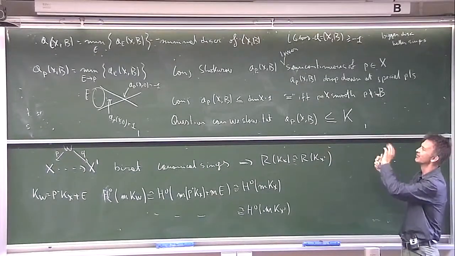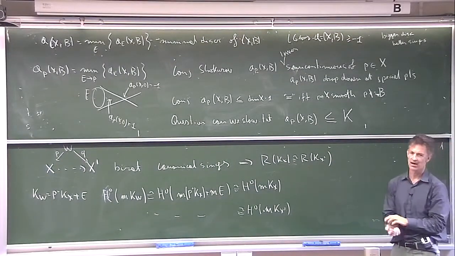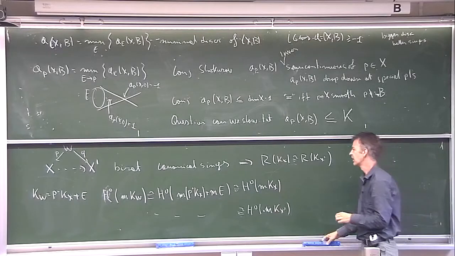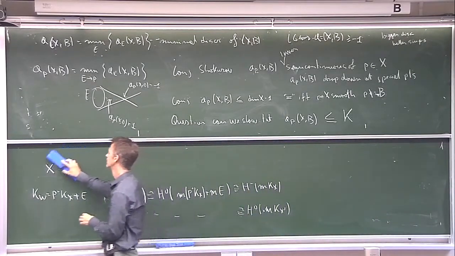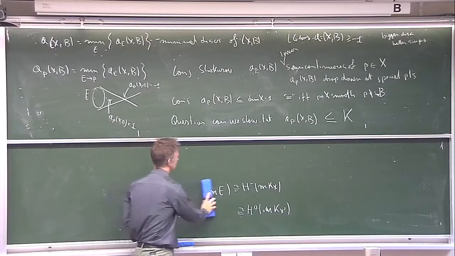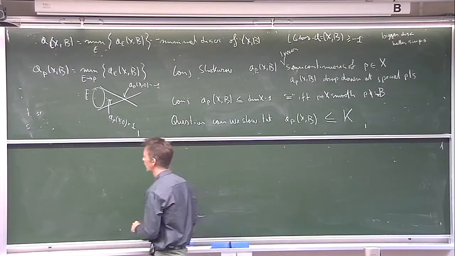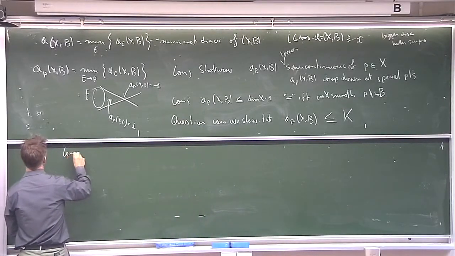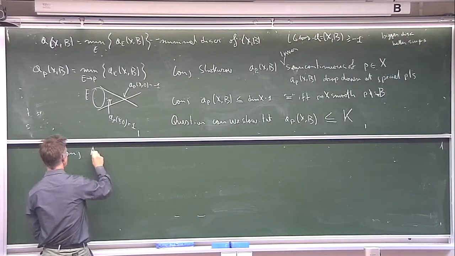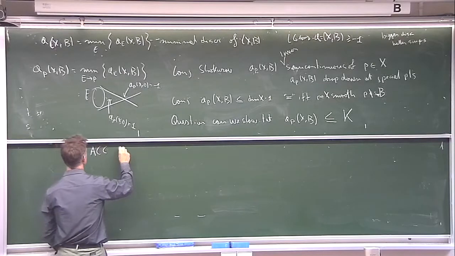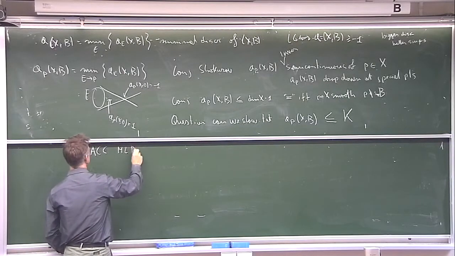And there are other, more daring conjectures about these numbers. There's a conjecture known as, again due to Shokurov, he's the most daring amongst us, the ACC for MLDs.